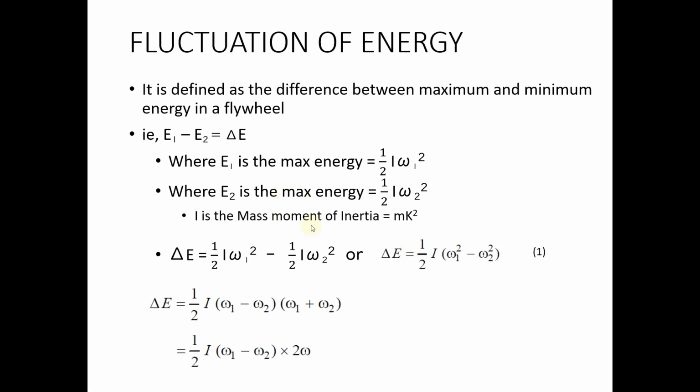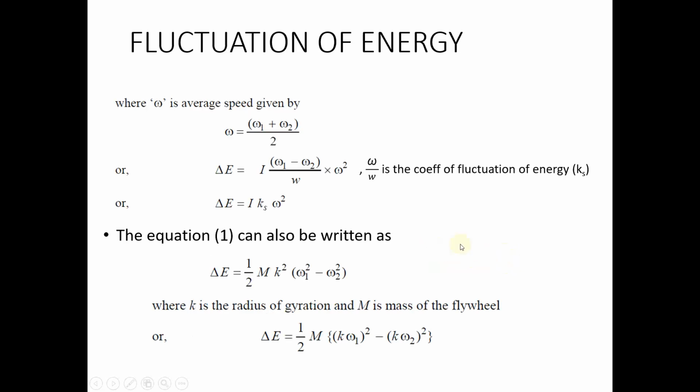First equation is this, delta E is equal to half I into omega 1 square minus omega 2 square, or we can write delta E is equal to half I into Ks into omega square, where Ks is the coefficient of fluctuation of energy.